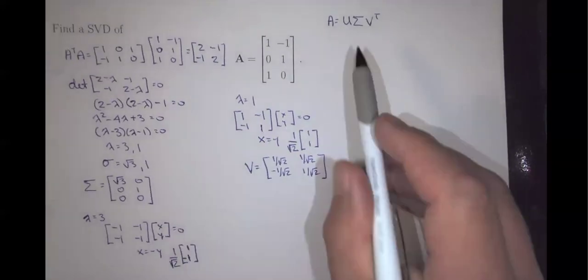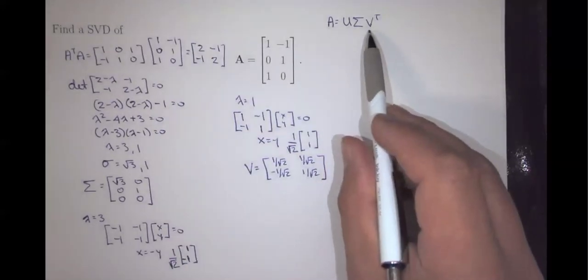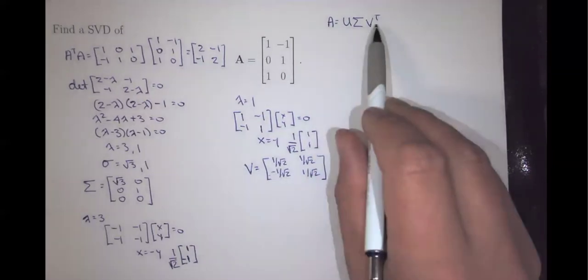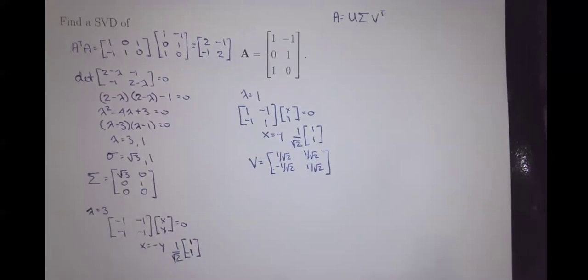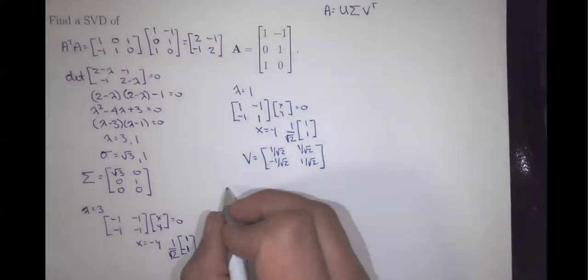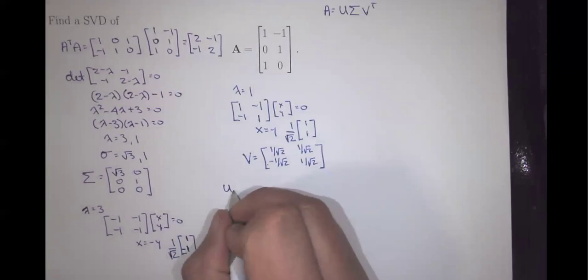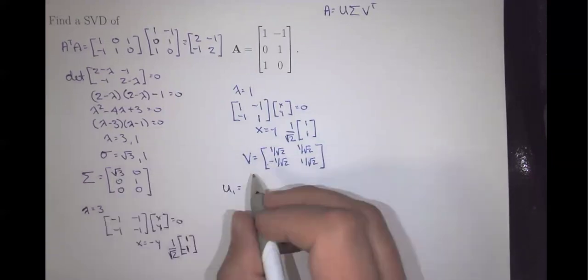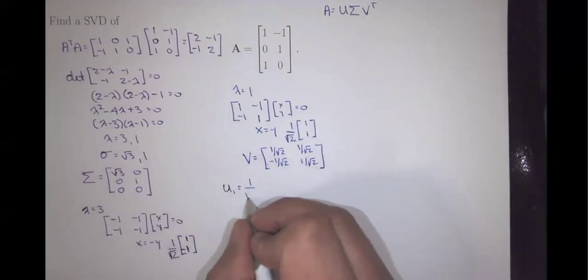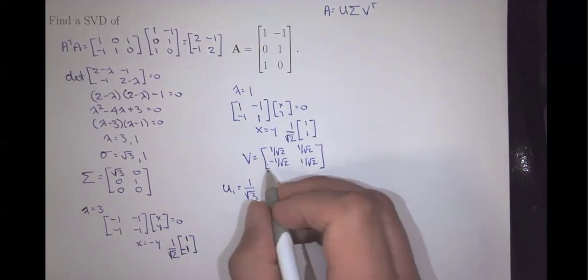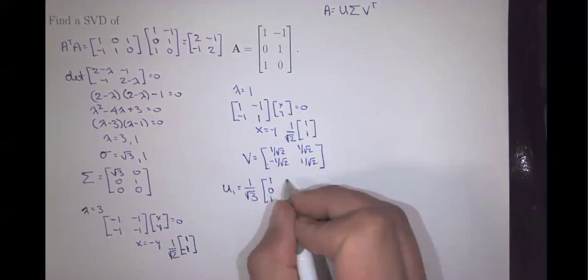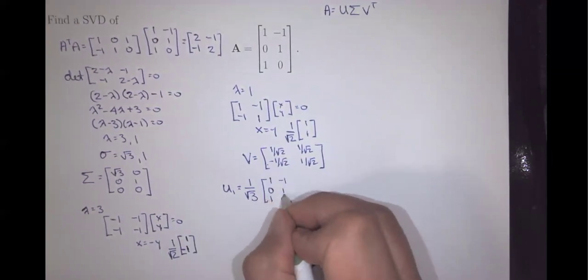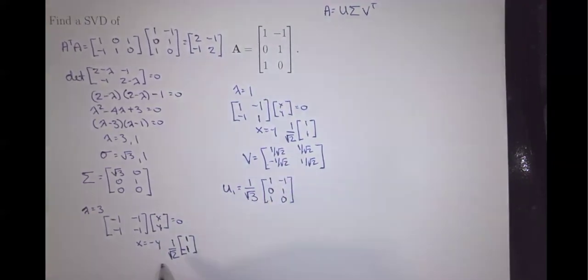So A is equal to U sigma V transpose. We have V, so we can figure out V transpose. We've got sigma. Now we need U. So U1 is 1 over sigma 1, so 1 over root 3, times matrix A times our first vector.